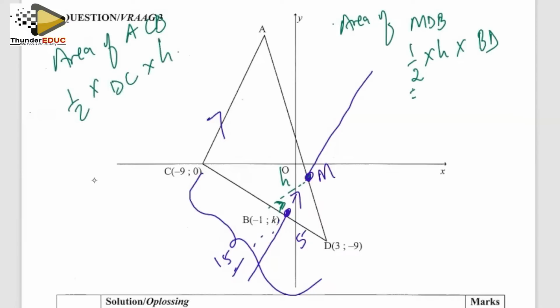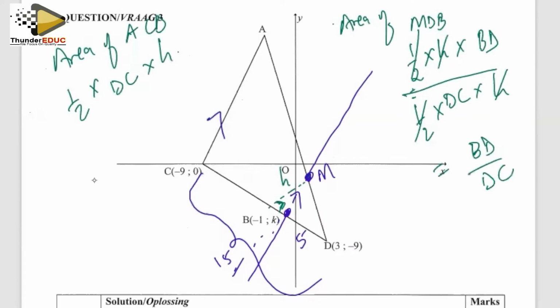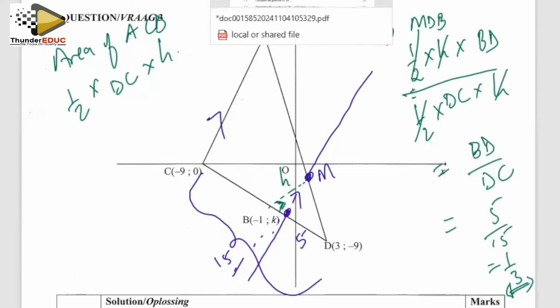So if I'm to compare the two, I'll have a half times DC times H. So a half and a half will cancel, the H and the H will cancel, which means I'll be left with just BD over DC. So my BD is 5, that is 15, which means the ratio of the area will also be in that format, 1/3.